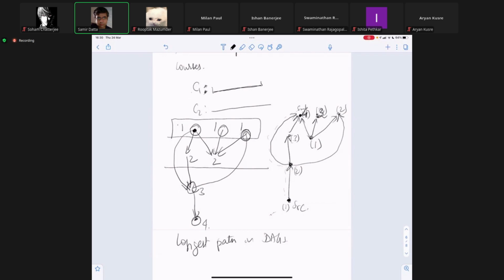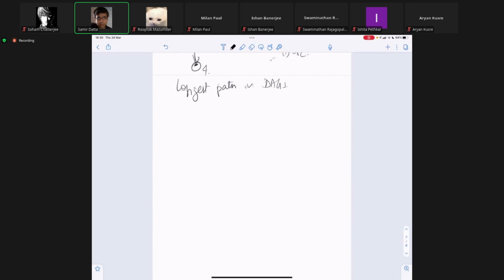So intuitively, what we are saying is, let's call this topological sort or topo sort of G. Maybe I shouldn't write it. Let's do it.